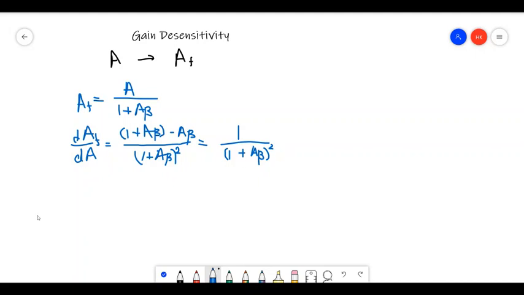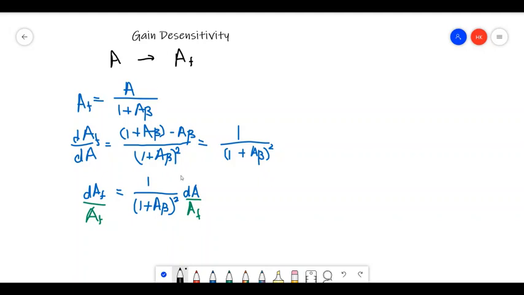So if I take this dA to this side, I can write dAf is equal to 1 over (1 plus A beta) squared times dA. Now what I'm going to do is divide both sides by Af. So let's see what happens.